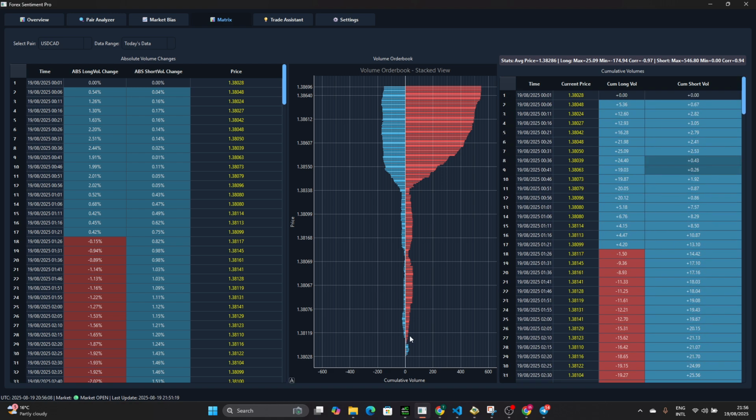So starting from the day, Asia sessions till late New York sessions, retail traders were opening more short orders and closing their long orders, and then they went aggressive starting in New York sessions on the short side. So let's look at the absolute volume change and what it tells us.